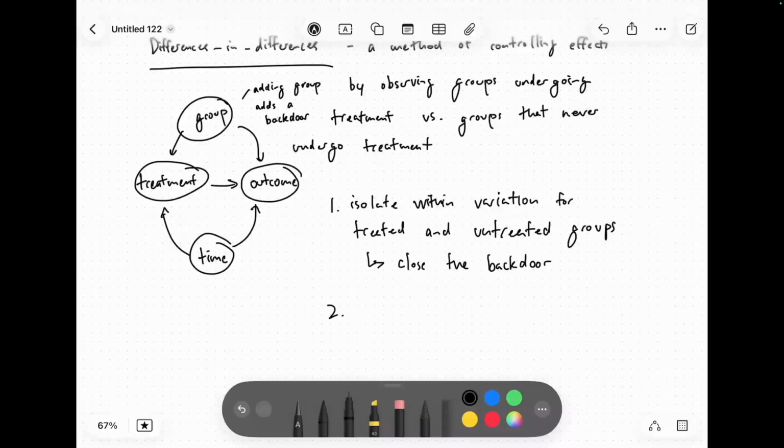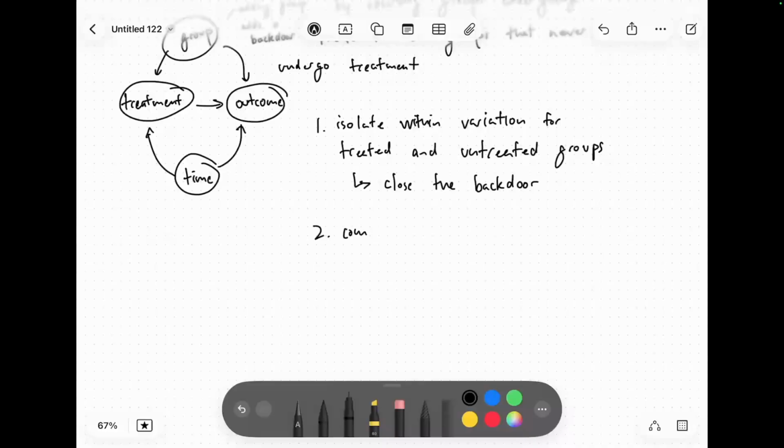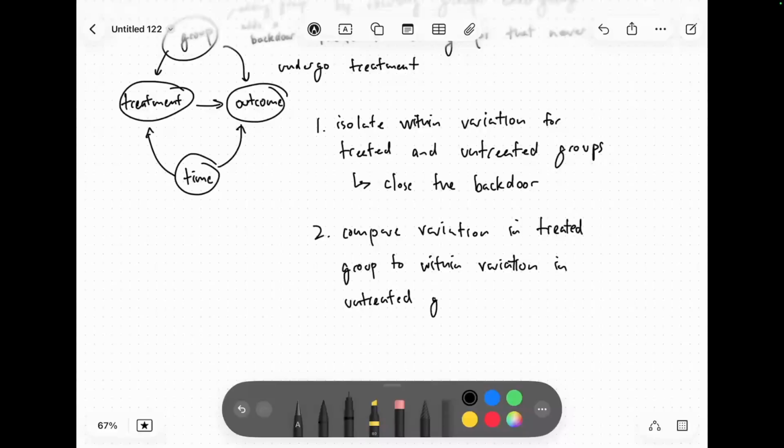And then I want to compare variation in the treated group to within variation in the untreated group. This is where the time dimension comes in.